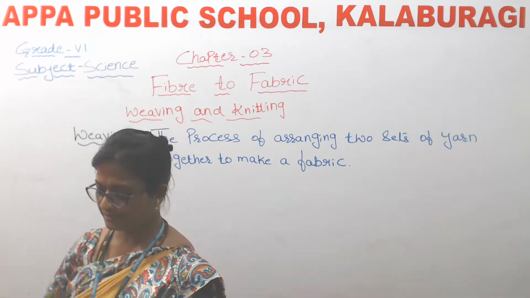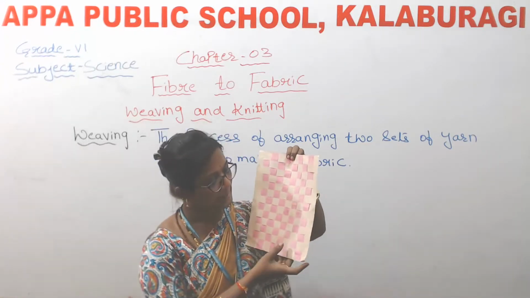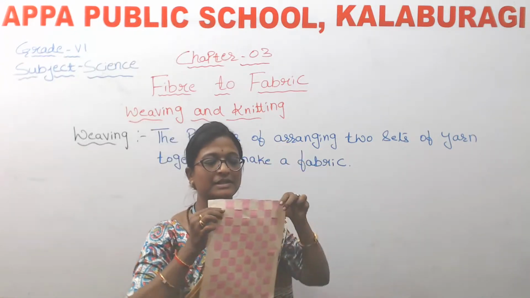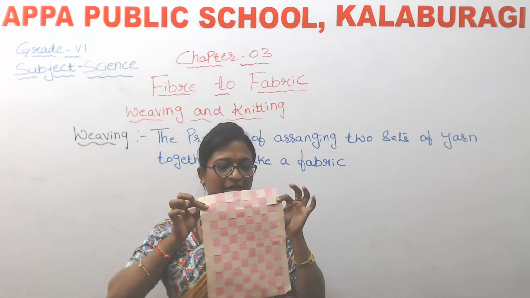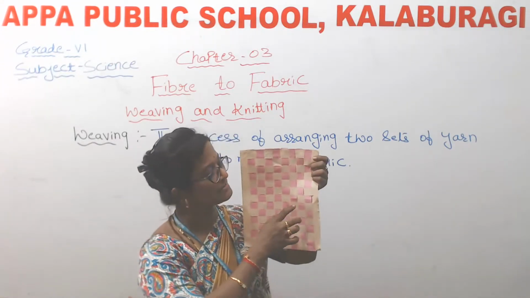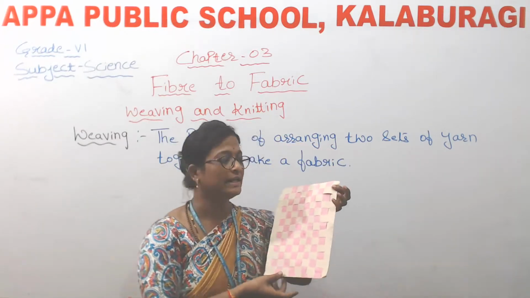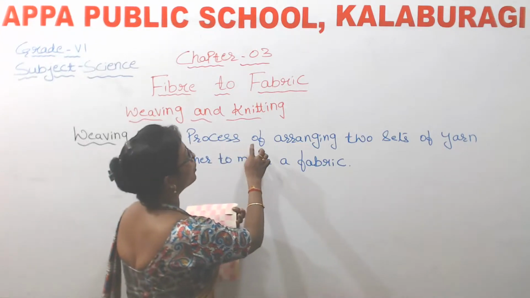I'll show you, children. As you all can see, this is weaving, like how we arrange two sets of yarn. You can see two colors, isn't it? Like this only, the process of arranging.